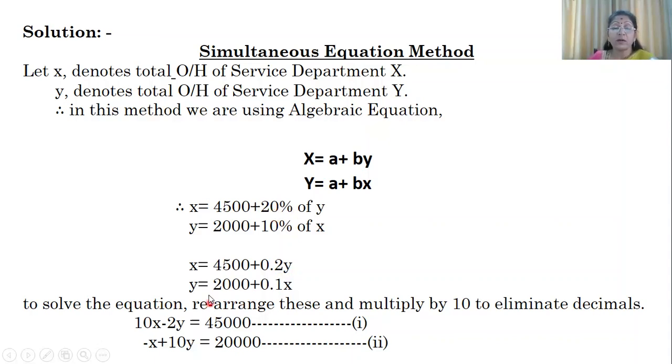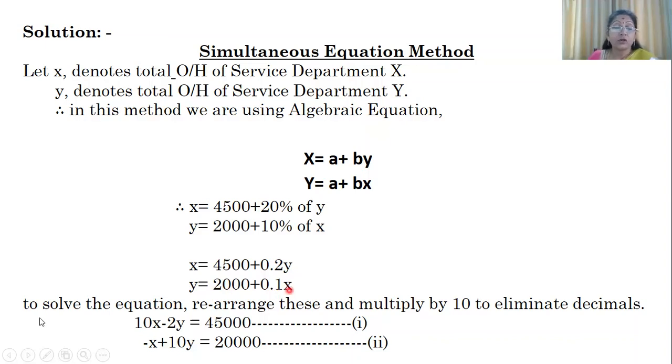Then Y is equal to overhead 2,000 plus 10%. How do we convert 10% into a number? 10 divided by 100, we get 0.1 of X. We formed the equations: X is equal to 4,500 plus 0.2Y and Y is equal to 2,000 plus 0.1X.